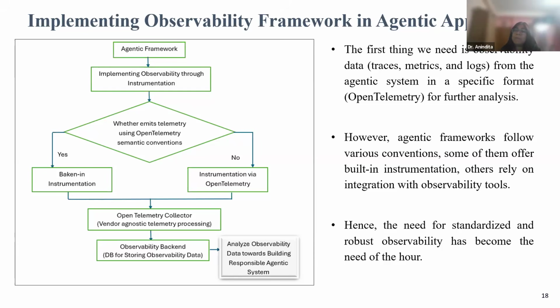That is the OpenTelemetry format. So that is the first thing. We need observability data, which means traces, metrics, and logs from the agentic system. And it is needed in a specific format, that is OpenTelemetry format, for further analysis. So that is the challenge you understand, because it's not only that we require data, we need a specific format, that is OpenTelemetry.